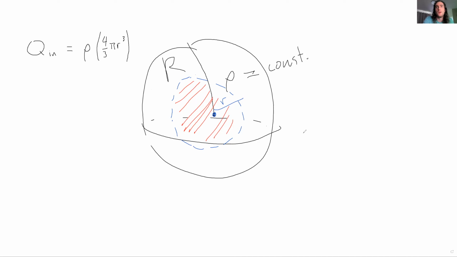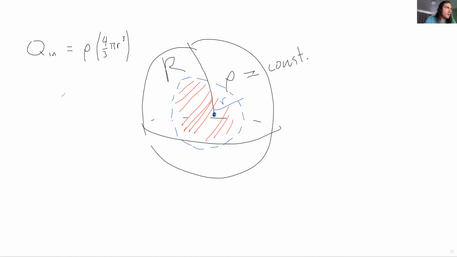We could set this up as an integral, but why would we want to do integration when we can just do it simple? Since rho is constant, it's rho times the volume. The charge inside this surface is rho times 4/3 pi r cubed.